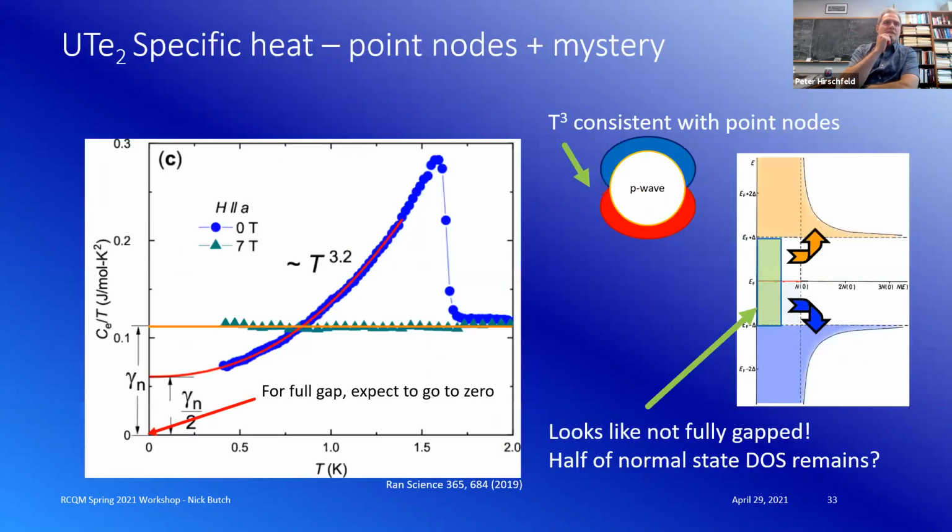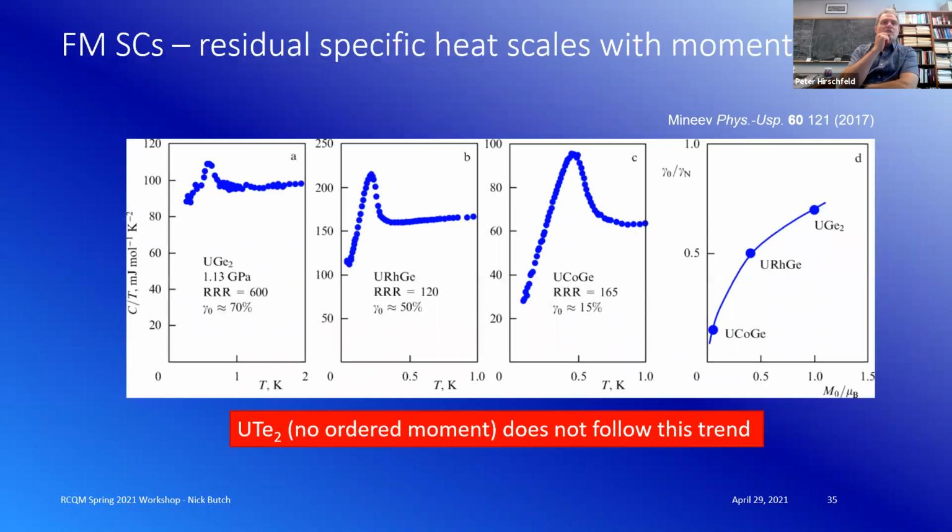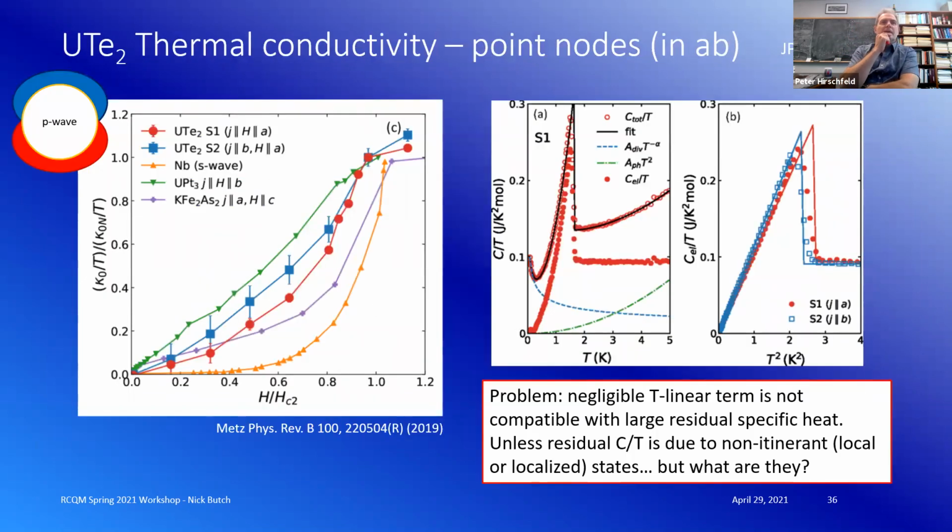So when you show these extrapolated data, has a large T cubed or some phonon contribution been subtracted in order to get the extrapolated electronic part?